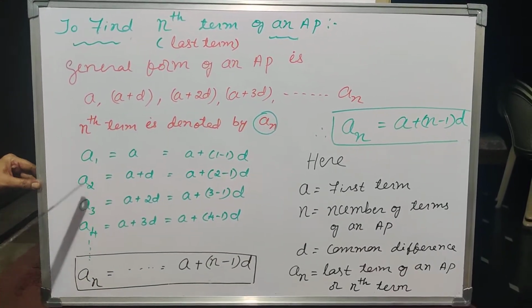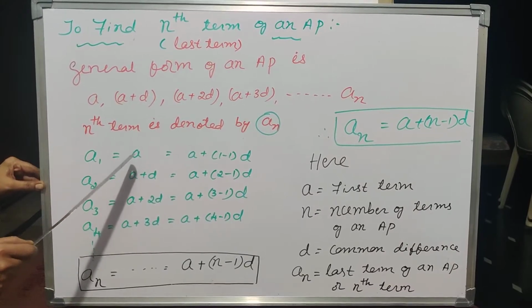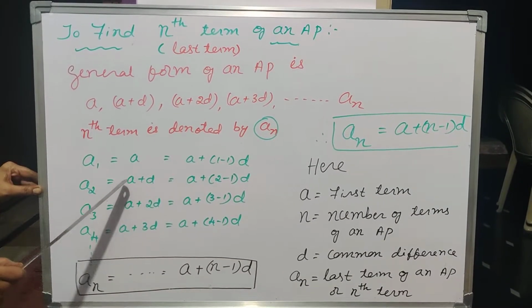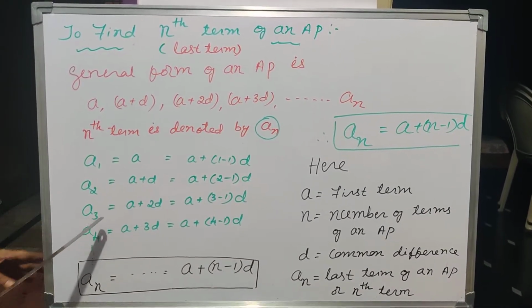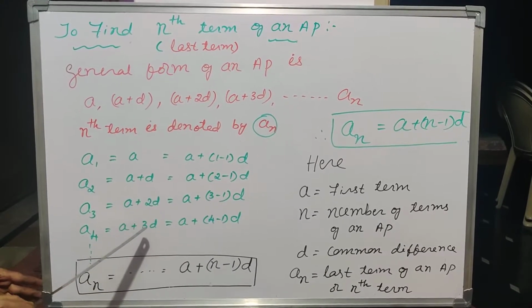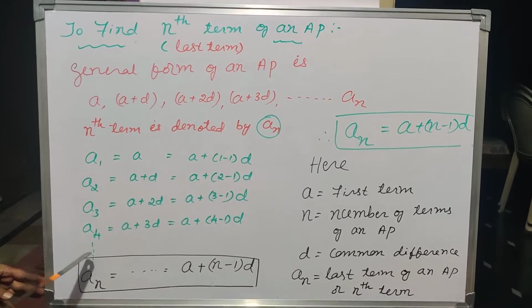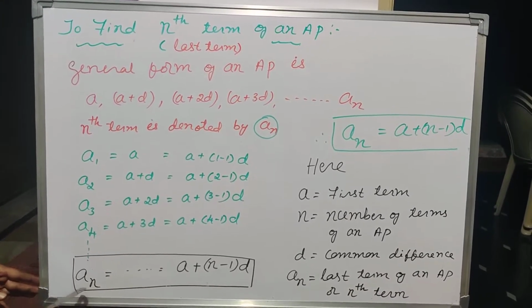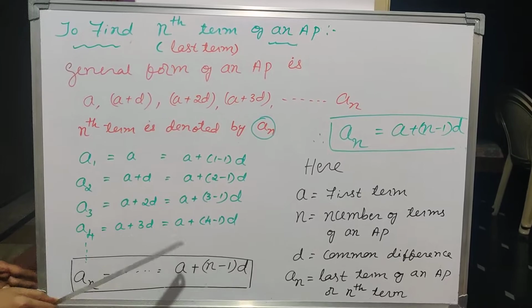Now look here, A1 is equal to A, A2 is equal to A plus D, A3 is equal to A plus 2D, A4 is equal to A plus 3D, similarly A5, A6, and the last term AN, that we will find.